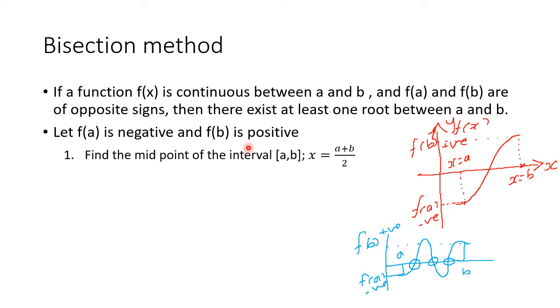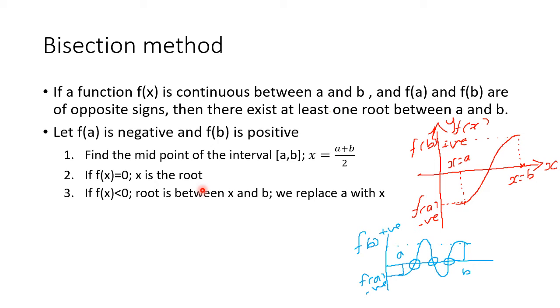Then the bisection method proceeds like this. We calculate the midpoint of the interval a to b. After finding the midpoint, we evaluate the function at that point. If the function at the midpoint is 0, obviously we get the real root: x is the root.